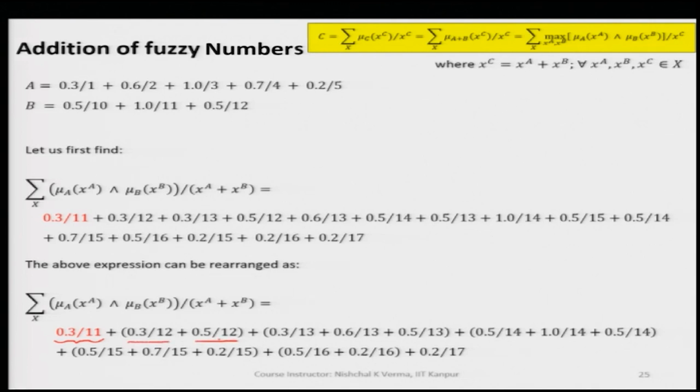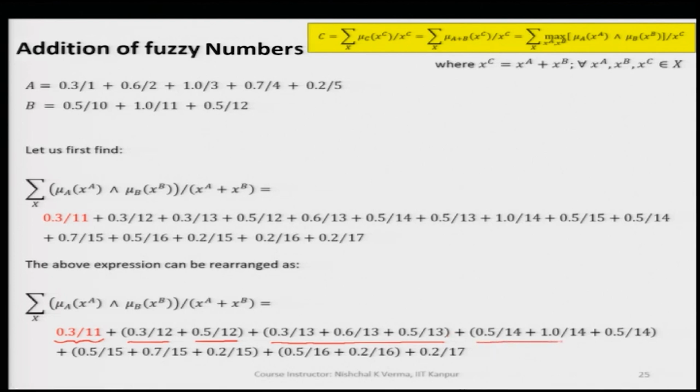One is 0.3 oblique 12 and the other one is 0.5 oblique 12. So, we keep writing all such terms for which we have the same generic variable values. So, for generic variable value 12, we are writing these two terms together. Similarly, for generic variable 13, we have three terms and we are writing these together.